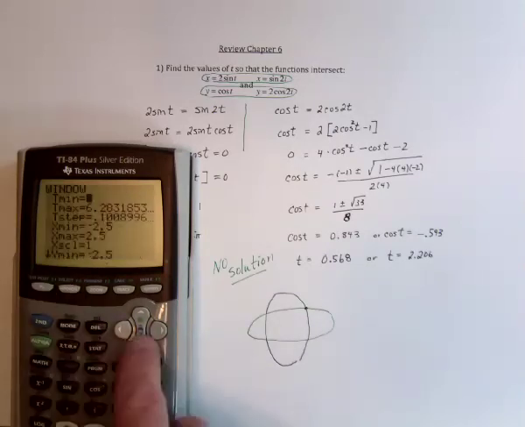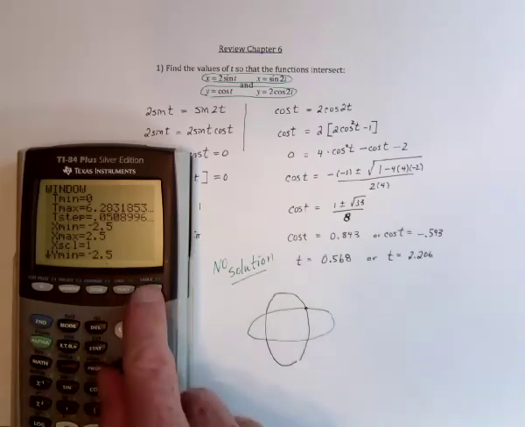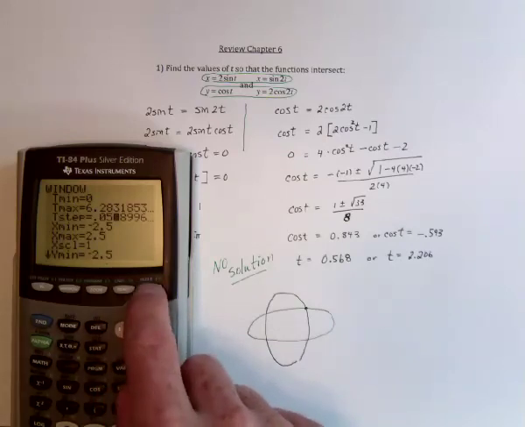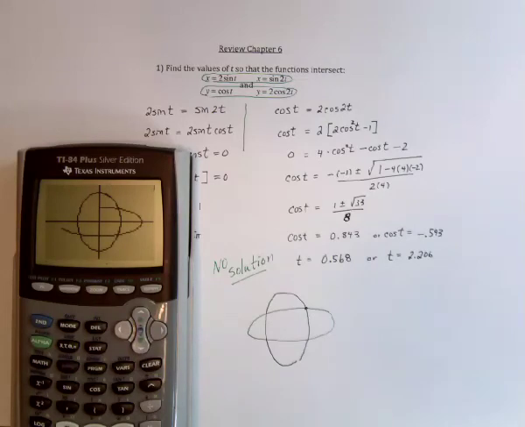And then another thing I'm going to do is change the t step to be something fairly small, like 0.05, and then that'll slow it down so it'll graph more slowly and we can watch. And then it's going to graph both of them and see, do they ever get to the same place at the same time? So their paths do cross, but they're at different places when that happens.